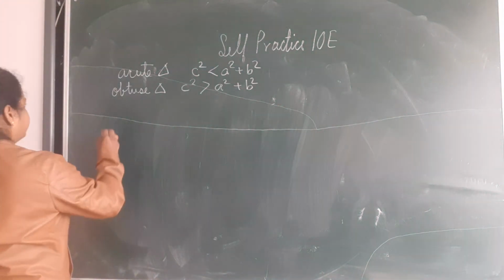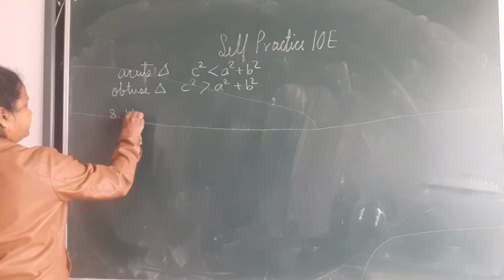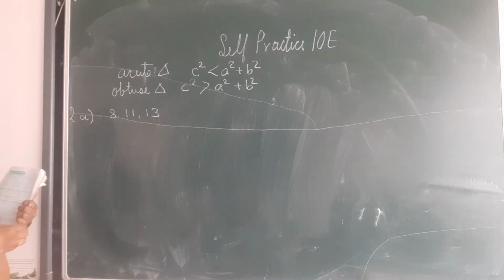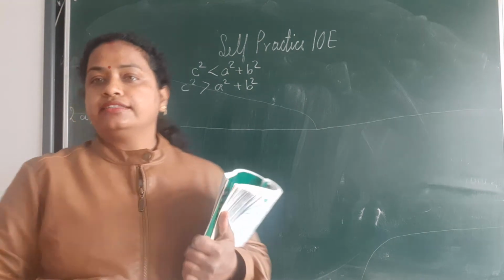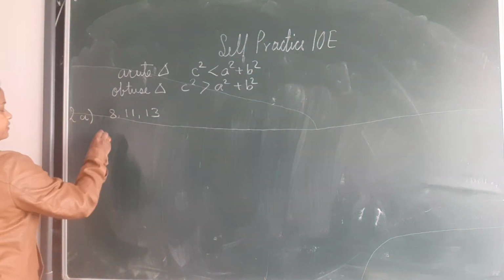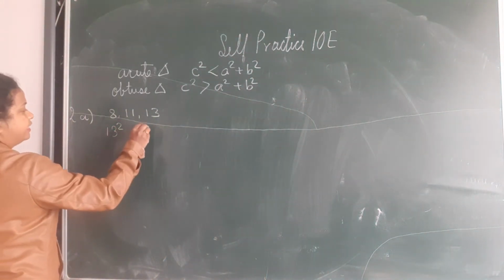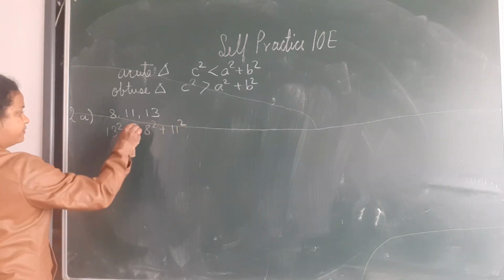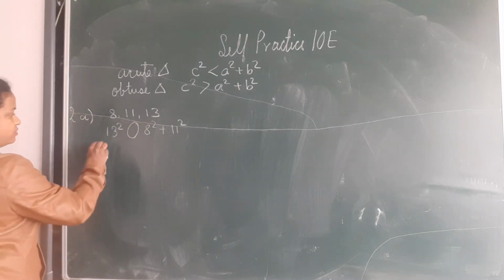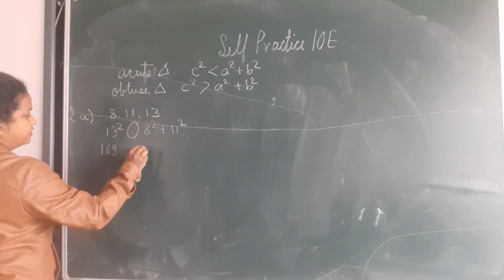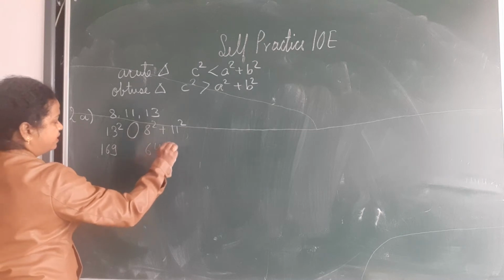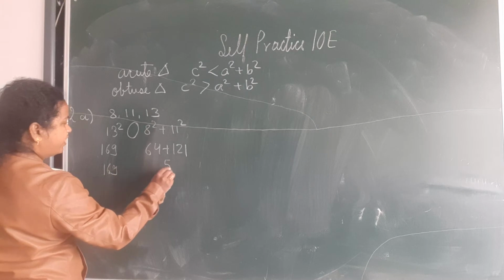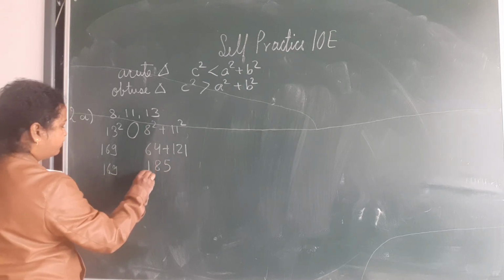So here it is 8, 11 and 13. First, A part: 8, 11 and 13. So you find 13 square, and 8 square plus 11 square. 13 square is 169, and 64 plus 121 is 185.